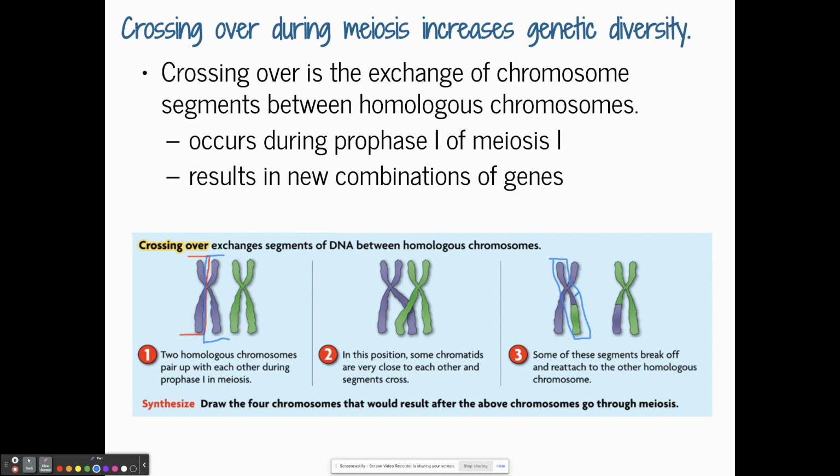It's not separated, it's combined together. This genetic reshuffling accounts for genetic variation. That's what makes us all look different from each other, especially siblings.